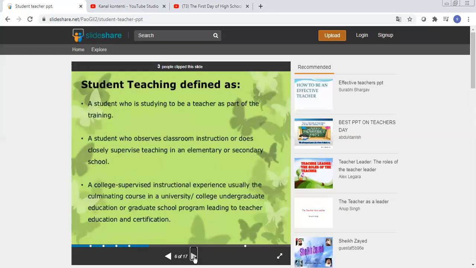Student teaching defined as a student who is studying to be a teacher as part of this training, or a student who observes classroom instruction or does closely supervised teaching in an elementary or secondary school. A supervised instructional experience, usually a culminating course in a university, college, undergraduate education, or graduate school program leading to teacher education or certification.